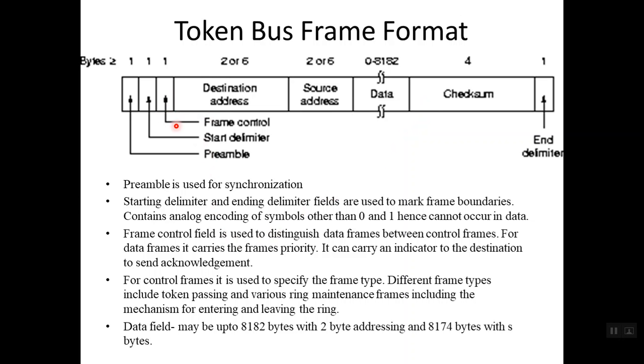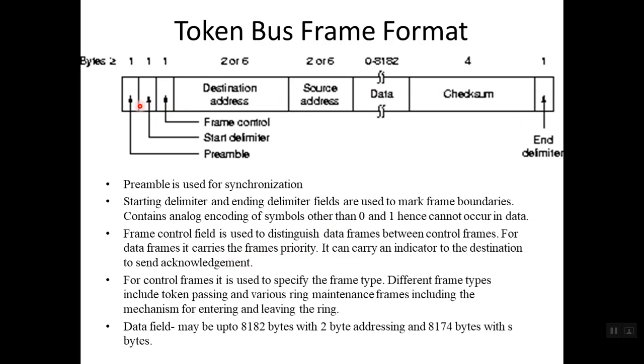If this is a data frame, which means this frame contains data, what would the frame control field be? If it is a data frame, it carries a frame priority.